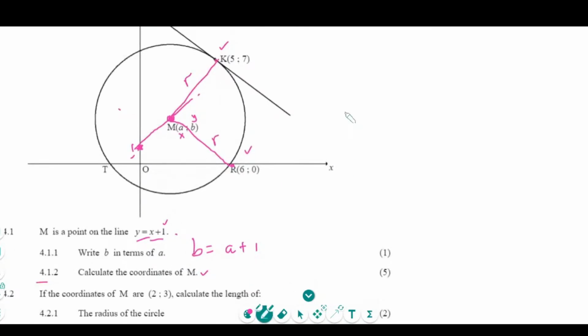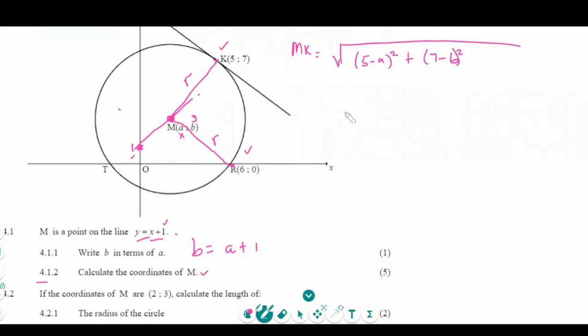From the distance formula, my distance MK will be the square root of 5 minus A squared plus 7 minus B squared.